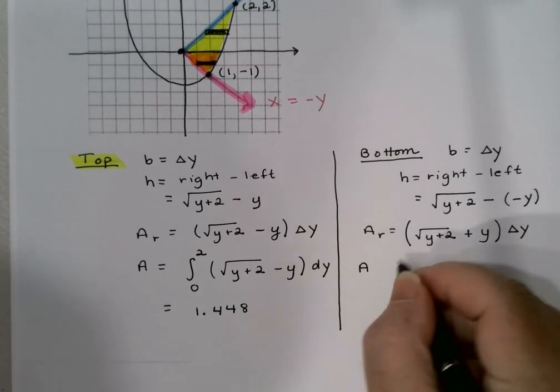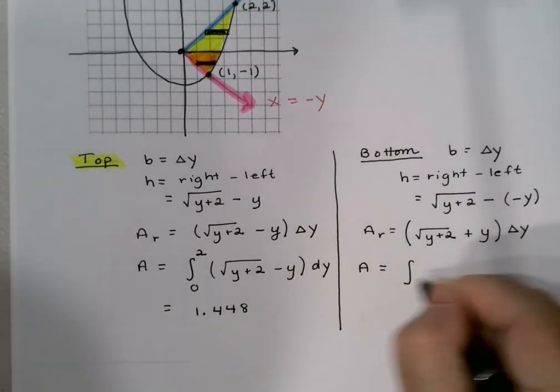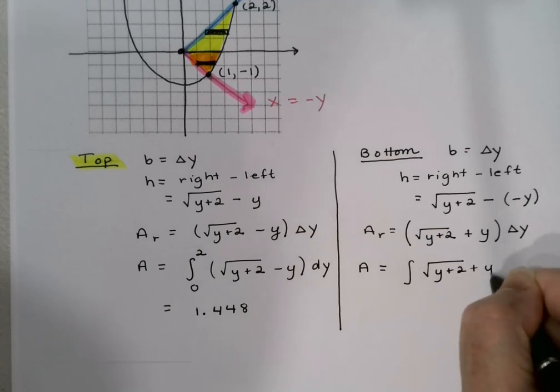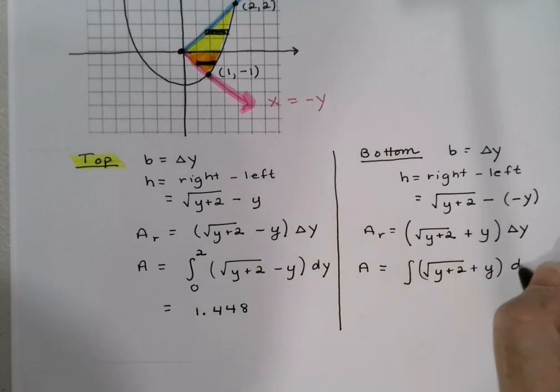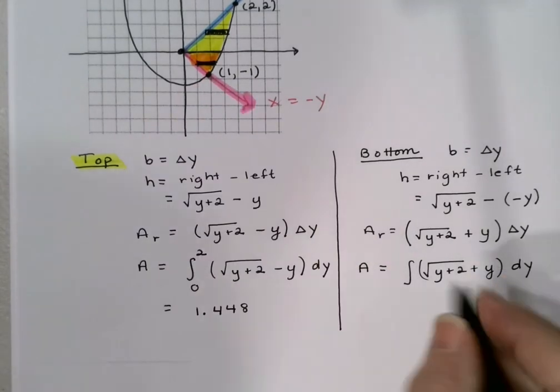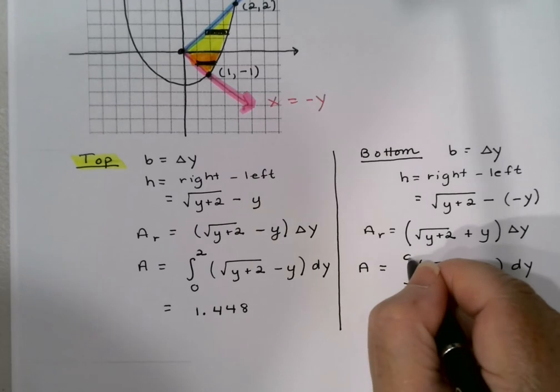And adding up or integrating to get the full area, all the little rectangles, we have the integral of the square root of y plus 2 plus y dy. And my y values, the bottom one is -1. To the top, this section stops at y equals 0.